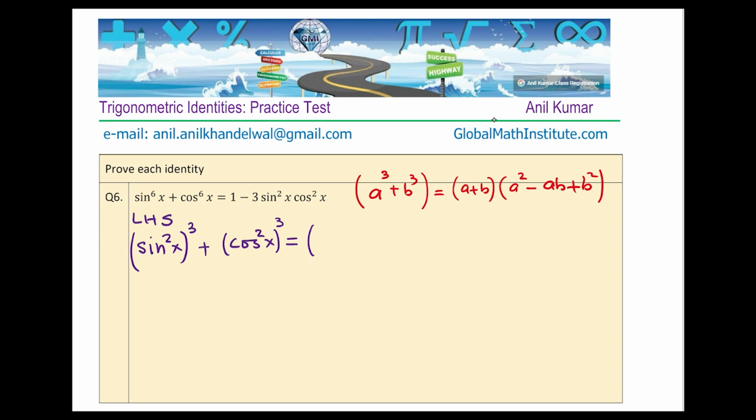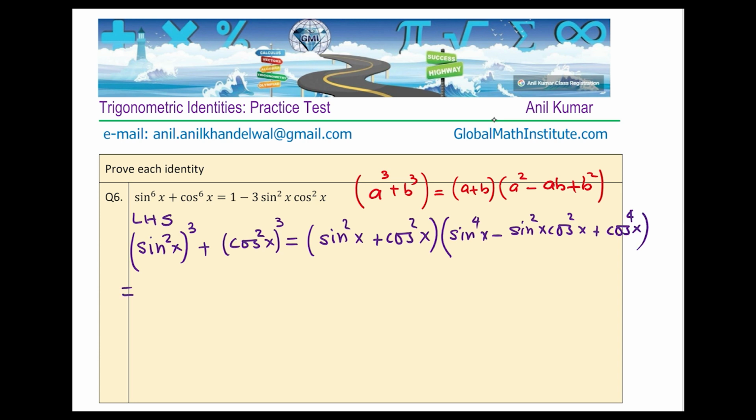So it becomes sine square x plus cos square x. Now that's a Pythagorean identity, which is 1. So that is why it is very important to write higher powers in this particular form. The other expression will be square of sine square x, which is sine to the power of 4x, minus the product of these two, which is sine square x cos square x, plus cos to the power of 4x.